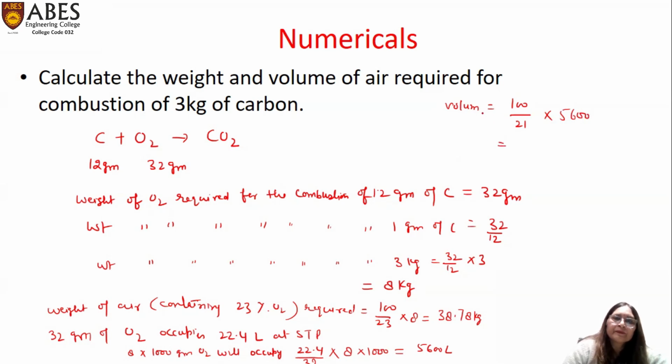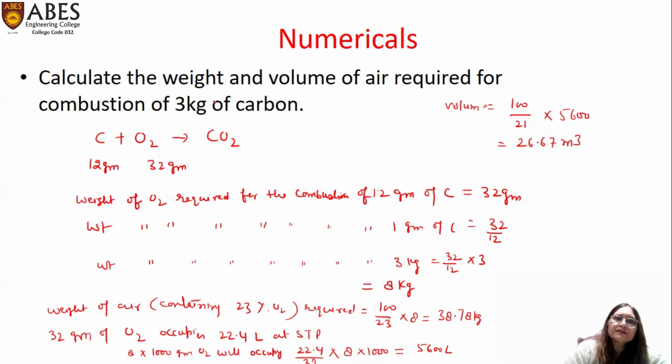This is because air contains 21% oxygen by volume. And the answer is 26.67 meter cube.